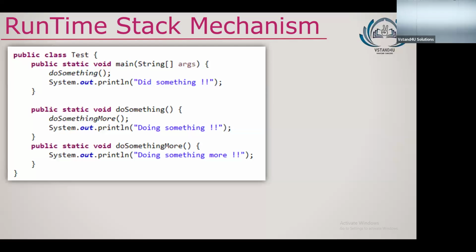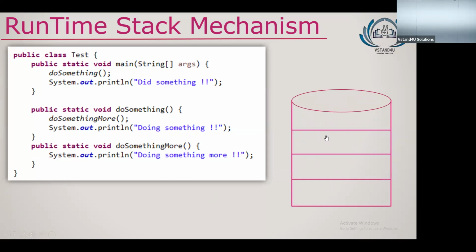Do you agree? Yes, no, faster. And pay attention now. Important: in this class, as of now, 3 methods are there. While executing, what will the JVM do? It will create a stack frame, basically.